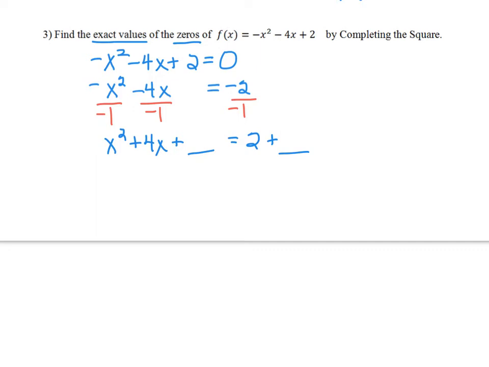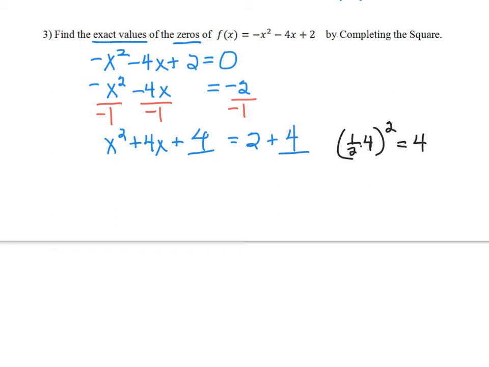So off to the side, I'll say, okay, let's take our b term, 4, and let's take half of it and then square it. That's going to tell me what is the constant that I'm going to add to both sides of the equation. This is really the process of completing the square. Half of 4 is 2, 2 squared is 4, so I'm going to add 4 here and also here.